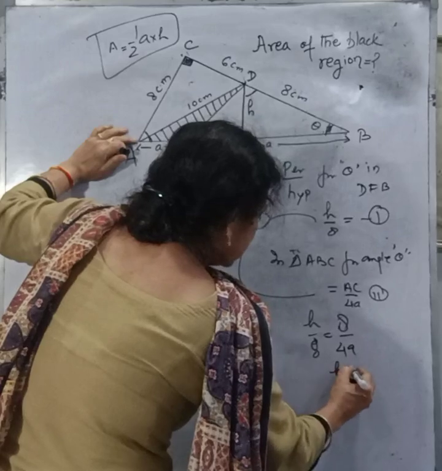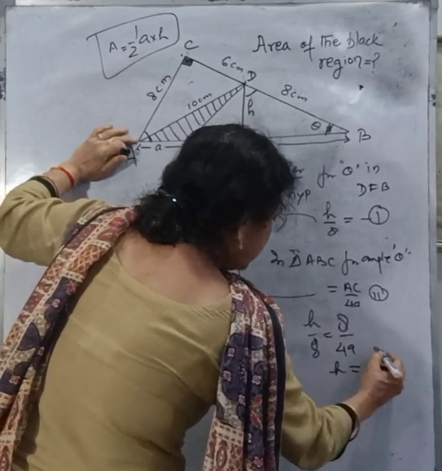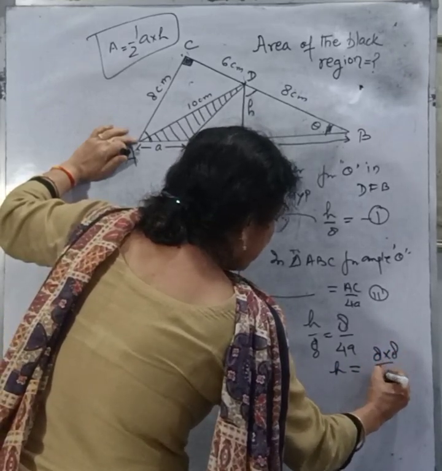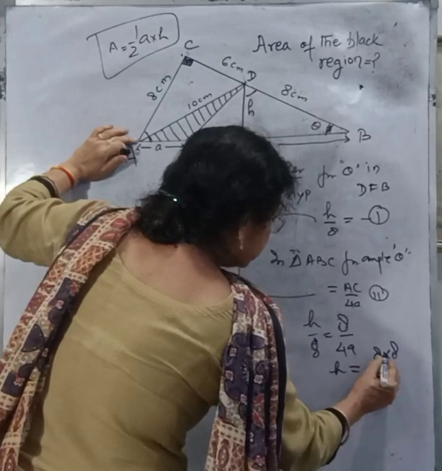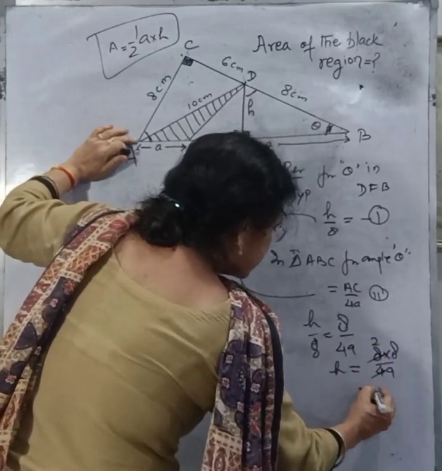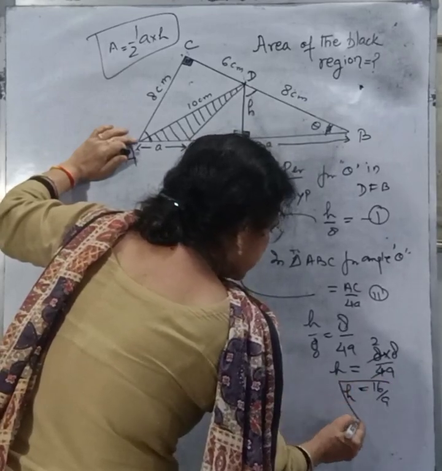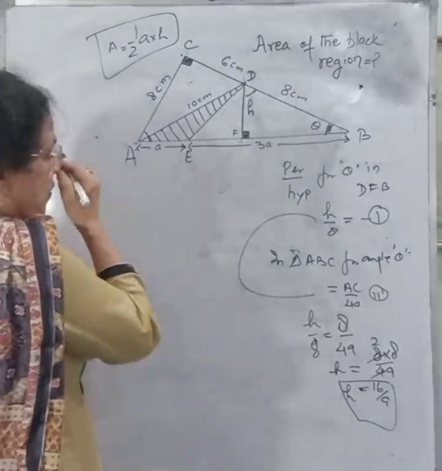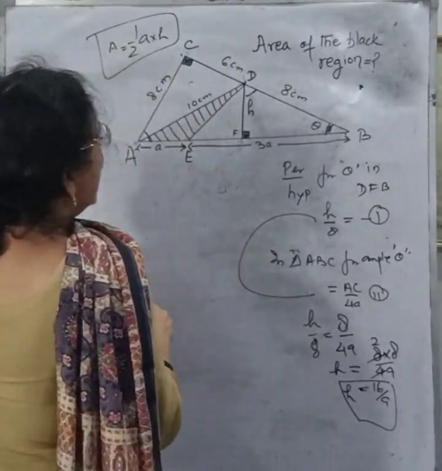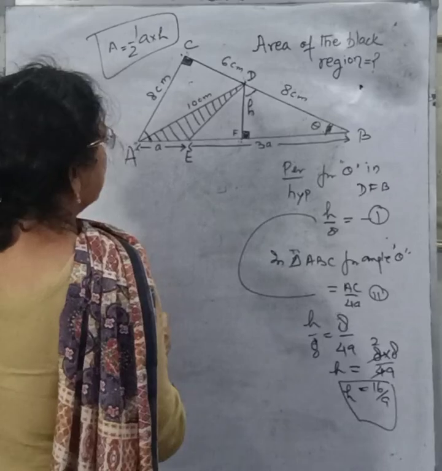Or we can say H is equal to 8 into 8 upon 4 times A, that is 16 upon A. H is equal to 16 upon A.